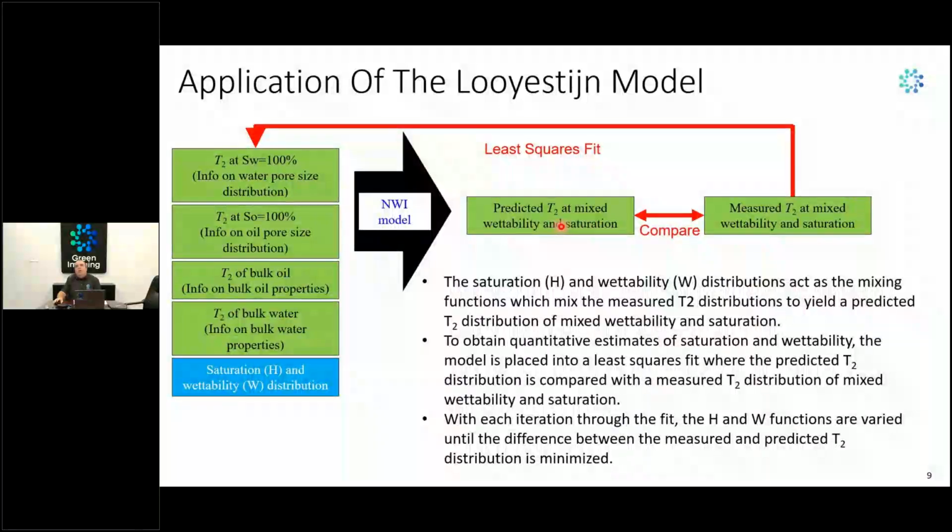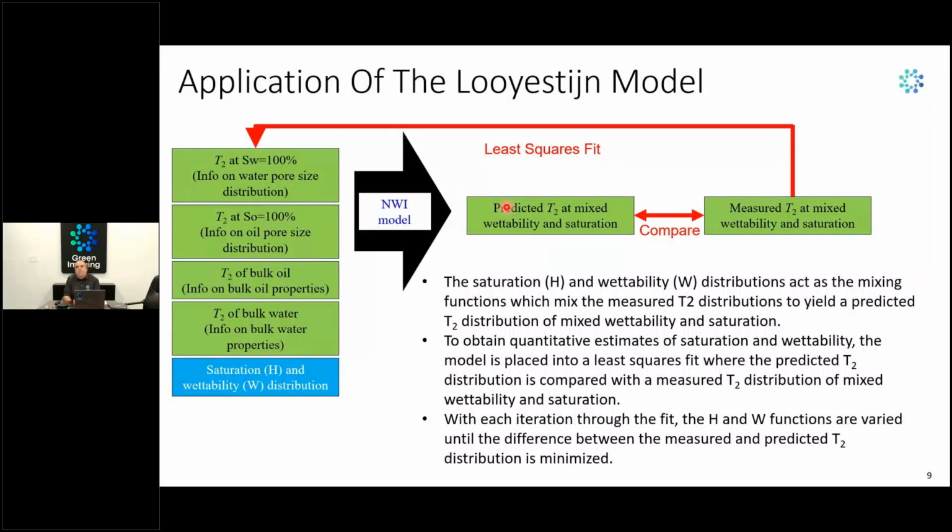Then if you want to get quantitative results and you've measured the T2 distribution of some mixed wettability saturation and you have a predicted one, you can put this model in a least squares fit, and you can continue to predict T2 distributions until you've minimized the difference between the measured T2 distribution and the predicted one.